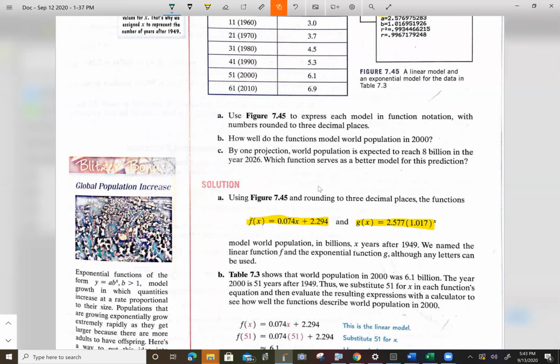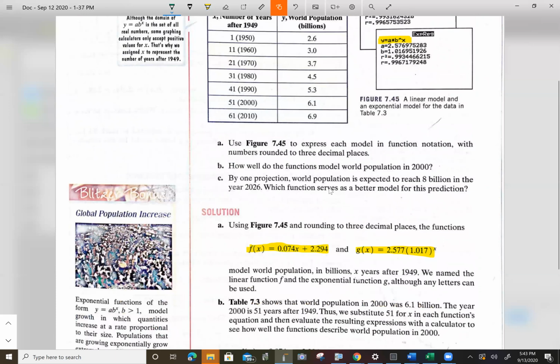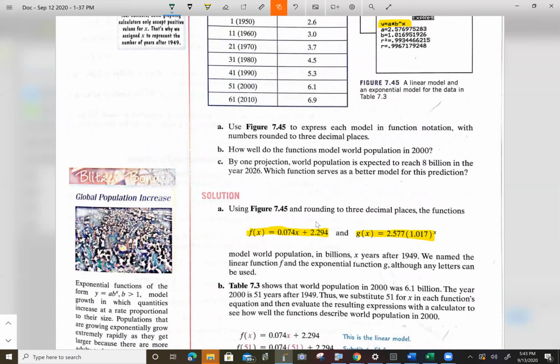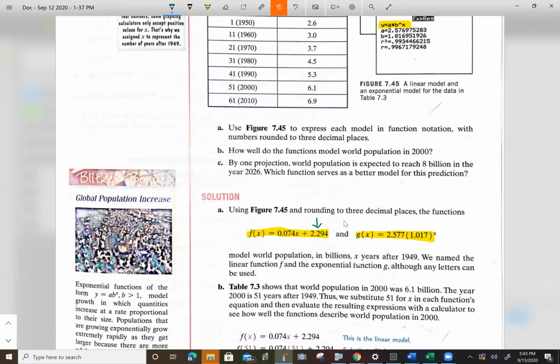So here, what year did we start? 1950. Here it's saying, it uses a little bit of different numbers. Here it's saying our starting population for this function would have been 2.29 billion for the world's population. And here it's saying that starting population in 1950 would be 2.577. So you have a little bit of a difference there. And here it's saying the rate is, it's growing at 1.7%.